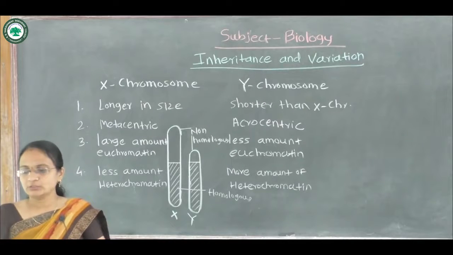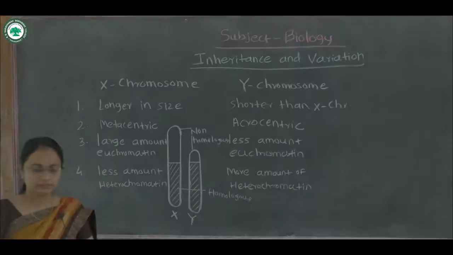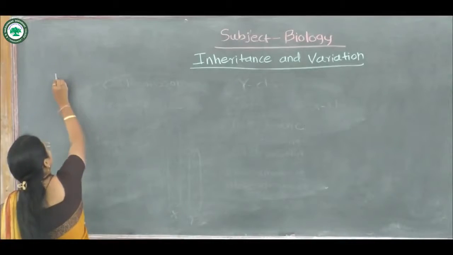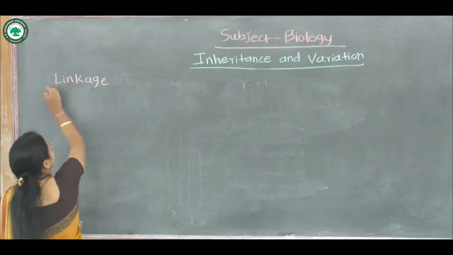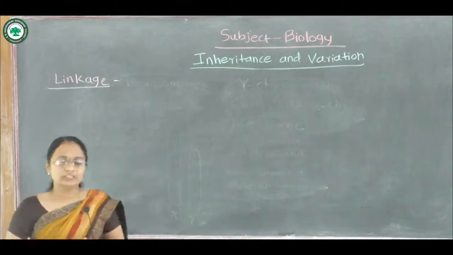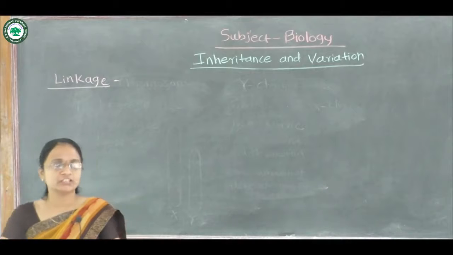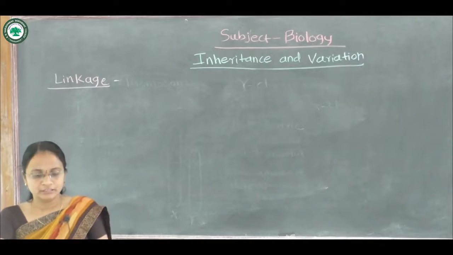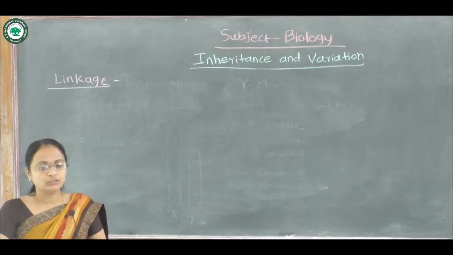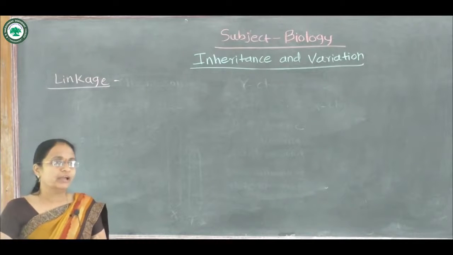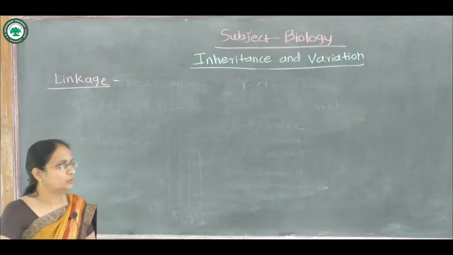Now come towards the next topic, that is linkage. What is linkage? Linkage is the tendency of two or more genes present on the same chromosome to be inherited together.